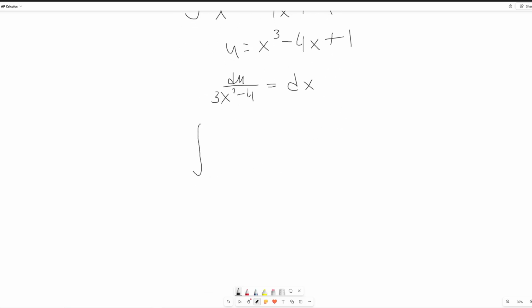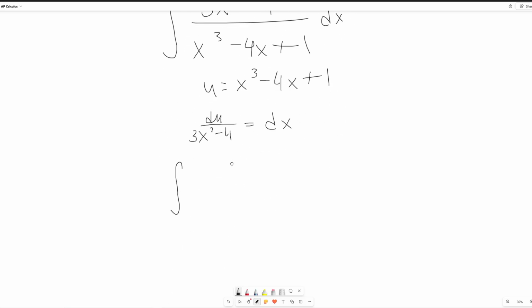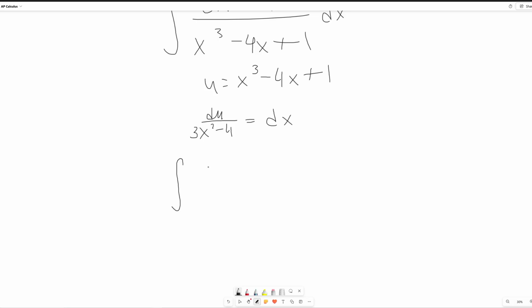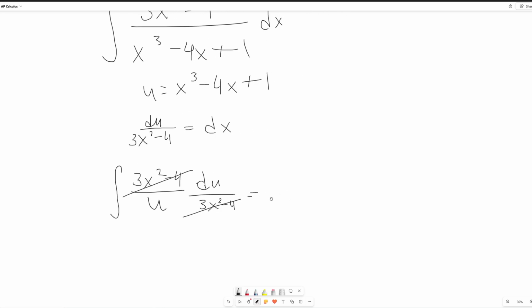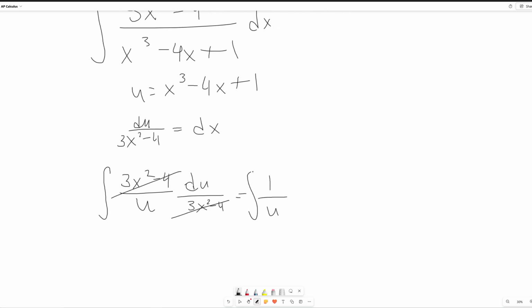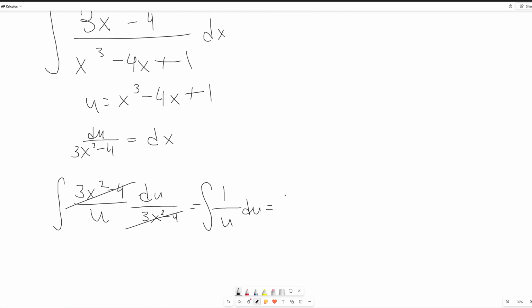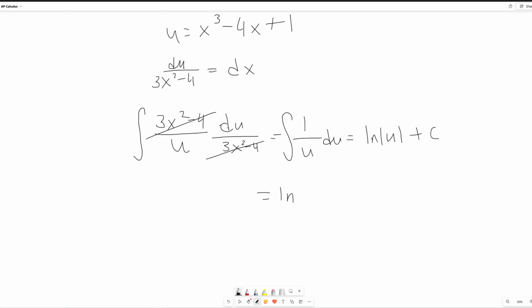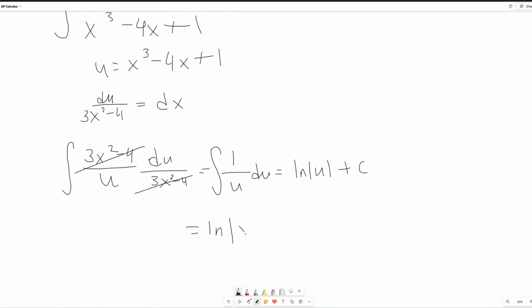So, you have 3x squared minus 4 over u du over 3x squared minus 4. These cross out, you get 1 over u du, which we know is ln of u plus c, which we know is ln of x cubed minus 4x plus 1 plus c.